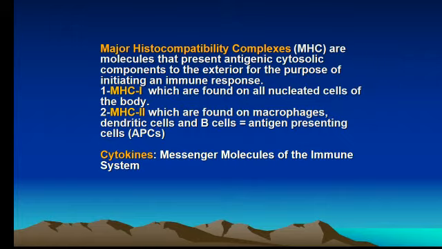We mentioned on the previous slides that APCs include macrophages and dendritic cells, which are antigen-presenting cells, the MHC2. This is different from major histocompatibility 1, which is found on all nucleated cells of the body. The two types of major histocompatibility complexes are molecules that present antigenic components to the exterior for the purpose of initiating an immune response.